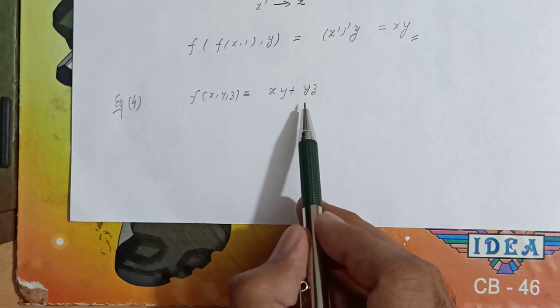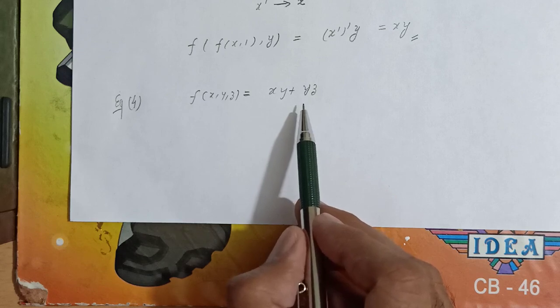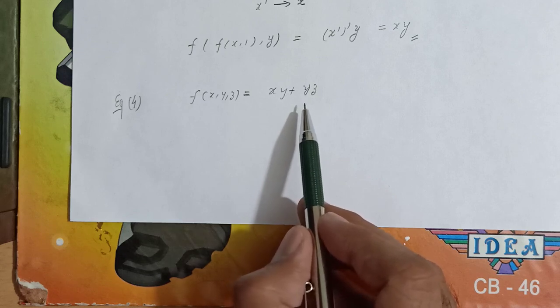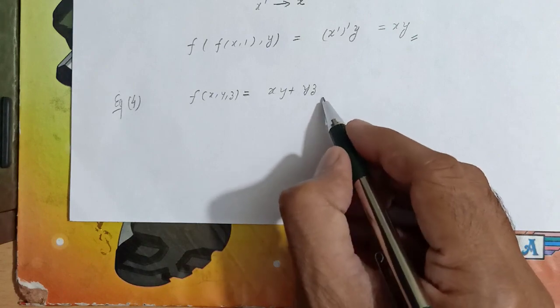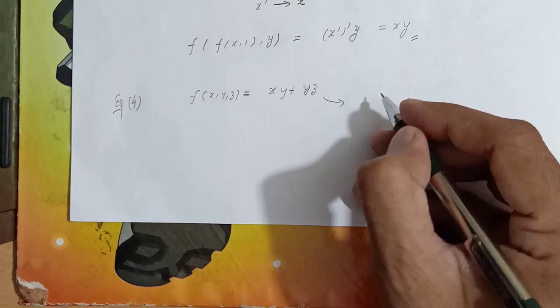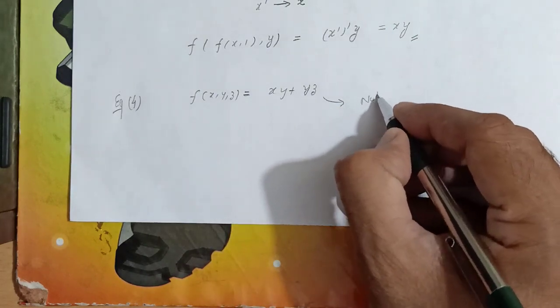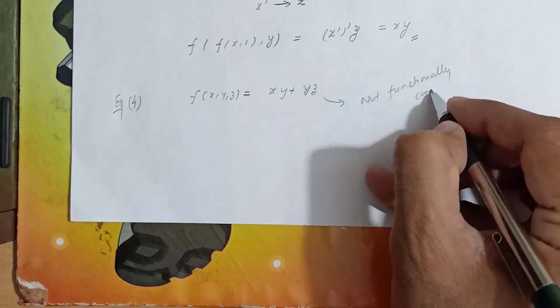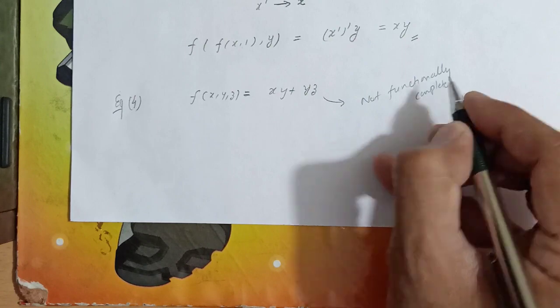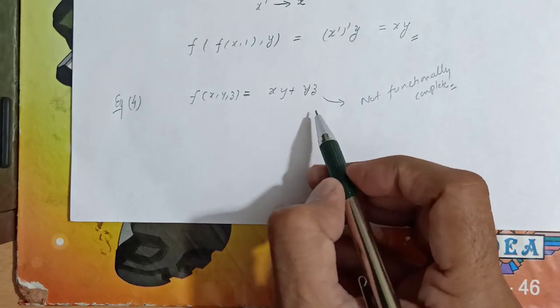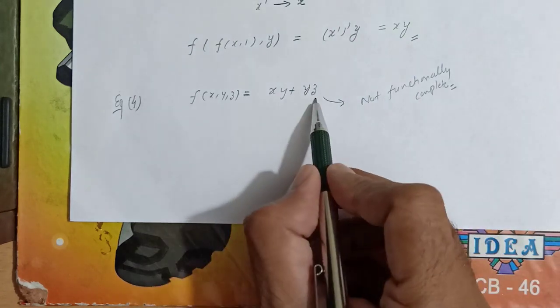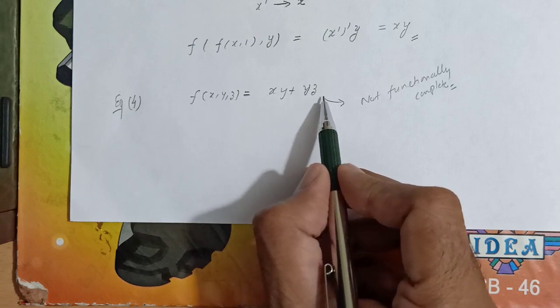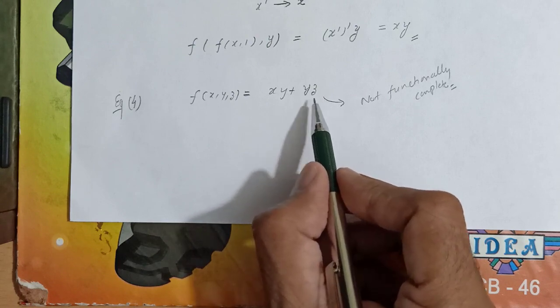If we are not able to generate the NOT operation, then we can simply say that this operation is not functionally complete. So clearly from here we can conclude that this function or operation is not functionally complete.